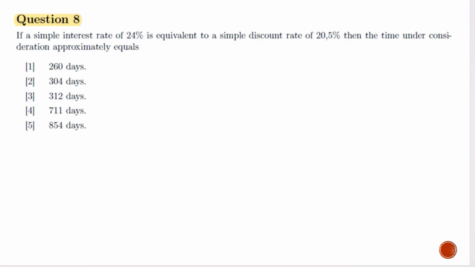In this example, you are saying if the simple interest rate of 24% is equivalent to a simple discount. So now you've got that equivalent situation. You've got 0.24 and the simple discount is equal to 0.25.